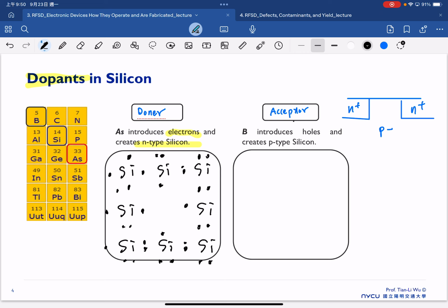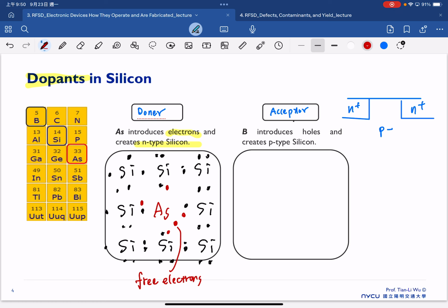But if right now we have a group 5 material, for example, arsenic here, arsenic has 5 electrons in the outer shell. So that means we have 1, 2, 3, 4, but now we have 1 additional electron. And that's why this electron becomes a free electron.